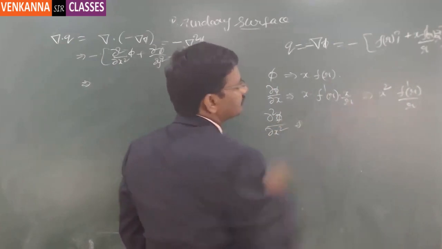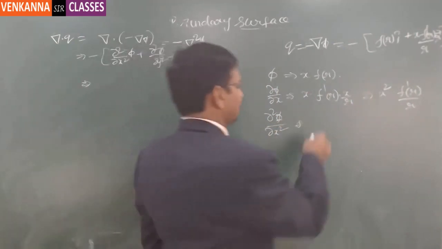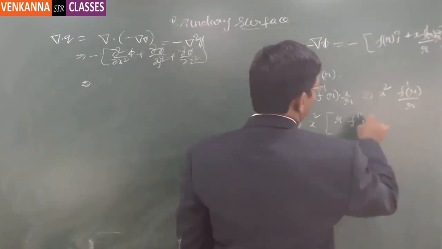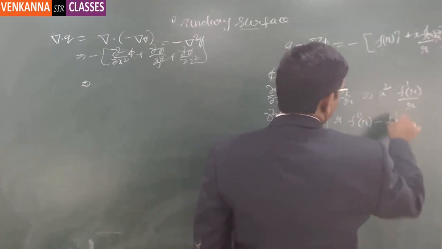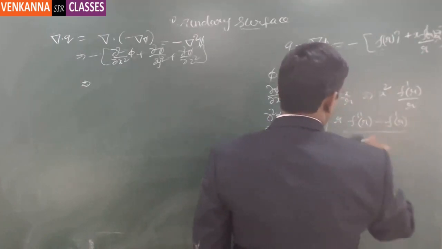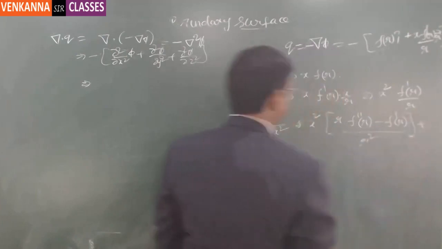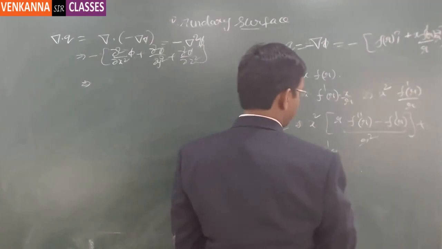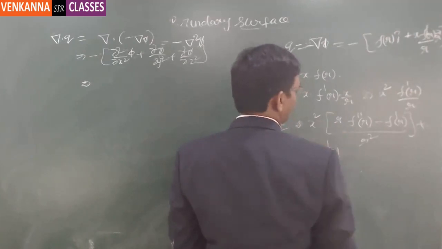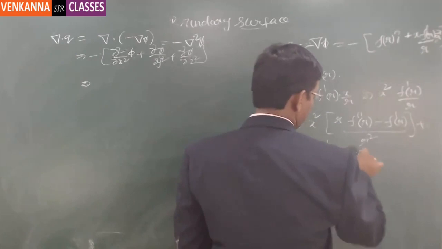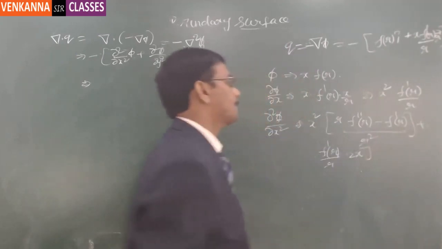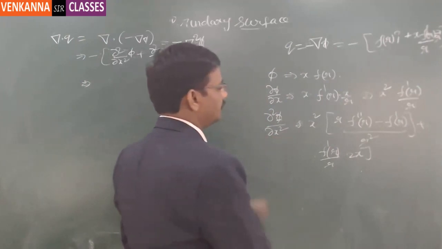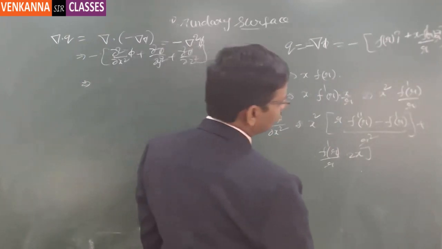Now derivative of this with respect to r: x square into the derivative of this, which will be r into f double dash of r minus f dash of r divided by r square, plus f dash by r into the derivative of x square, which is 2x. So this is dou square phi by dou x square, right? Can we simplify further?